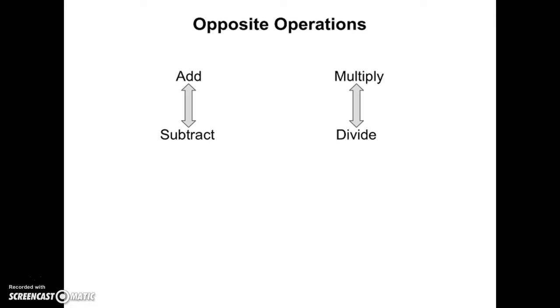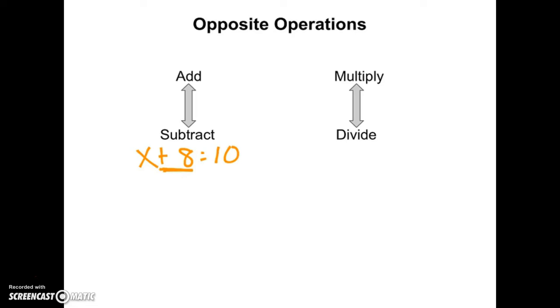In order to solve these, we are going to need to be able to identify our opposite operations. So for example, if I had x plus 8 equals 10, and I needed to solve this, I have to be able to move this plus 8 from this side of the equal sign to this side.